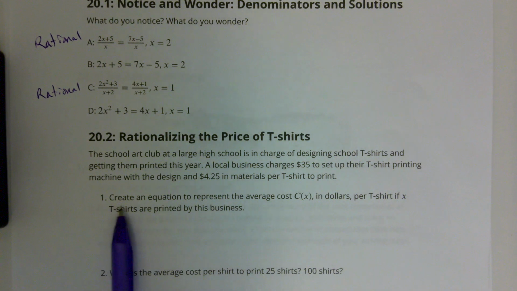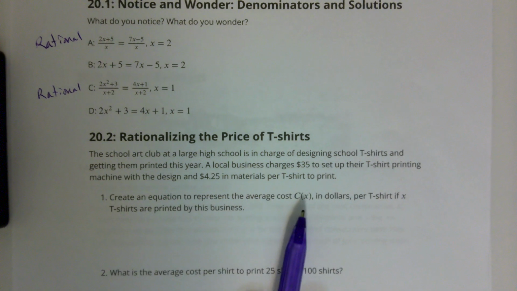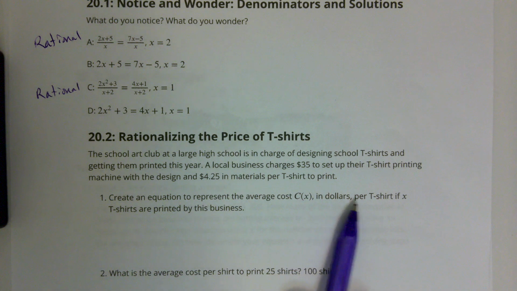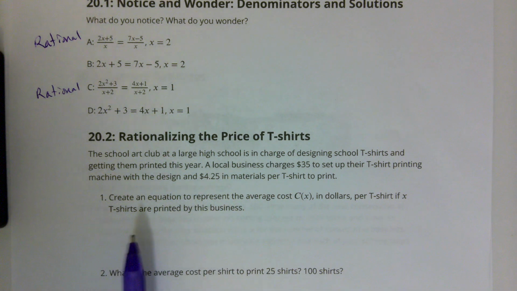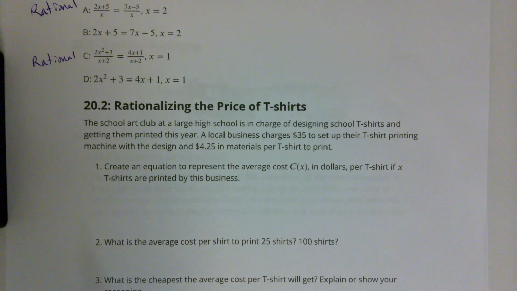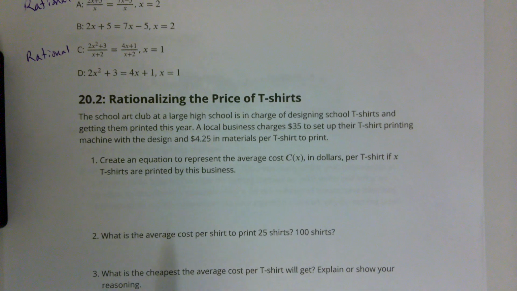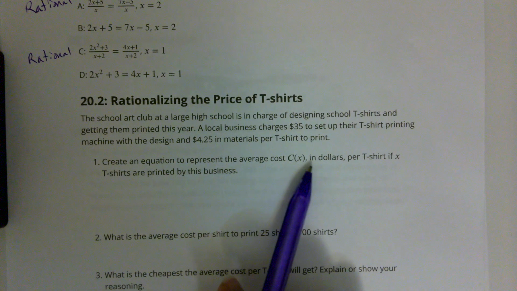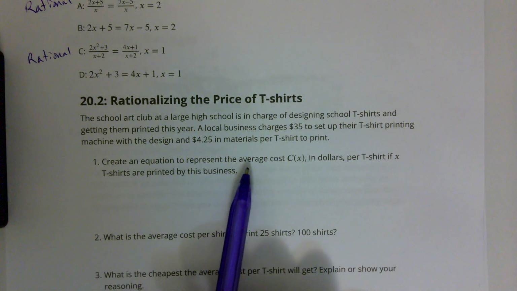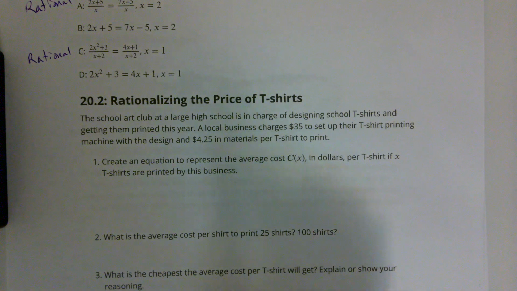So the first question says create an equation to represent the average cost C of X in dollars per t-shirt if X t-shirts are printed by this business. So if you want to try to figure this out on your own, you can go ahead and pause. If you're not sure how to do this, I'll go ahead and explain the process here. So it wants us to find the average cost. And remember, to find the average of something, you need sort of like the total.